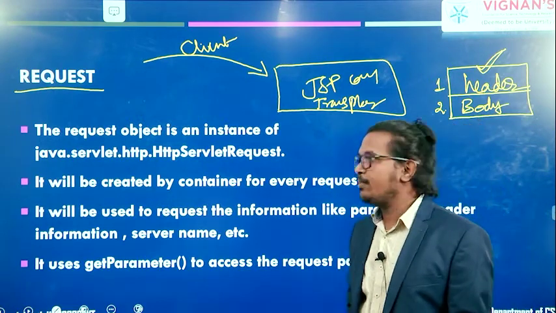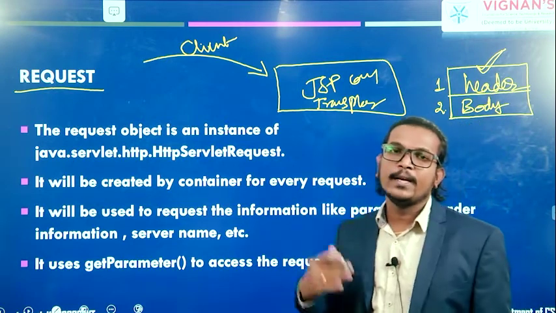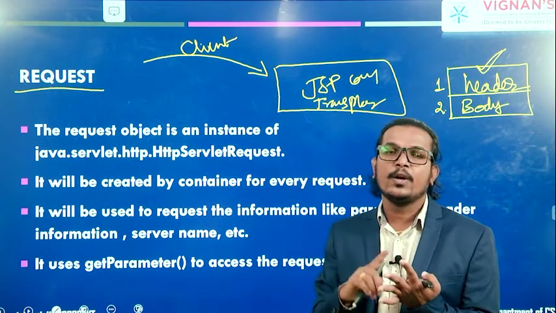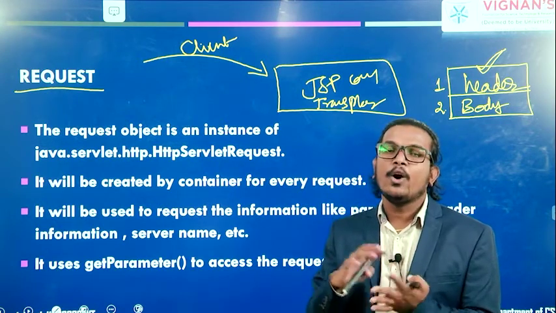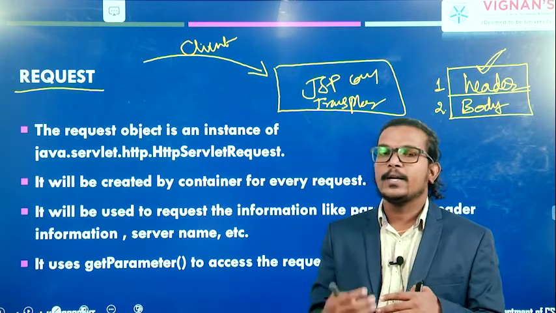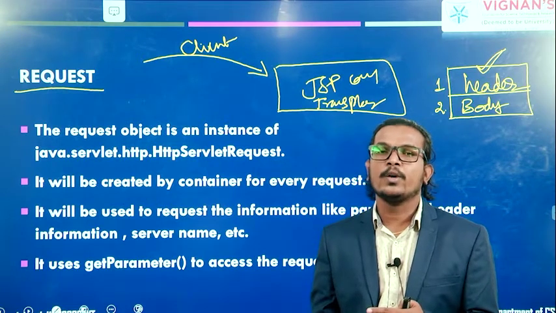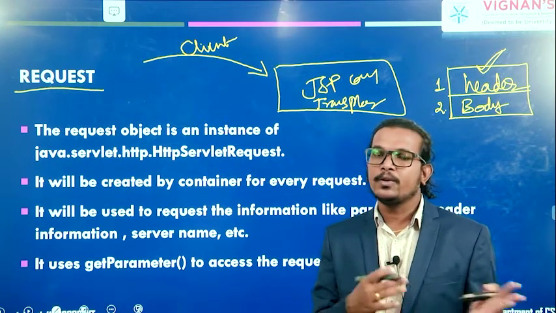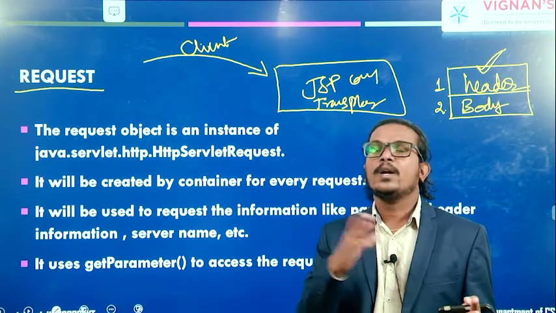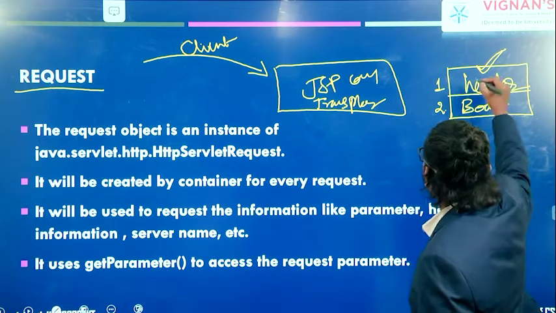We also have what protocol you are using for the communication, what browser is used by your client machine, what is the version of that browser, and what is the agent type of that browser. All those information is available in our header part.